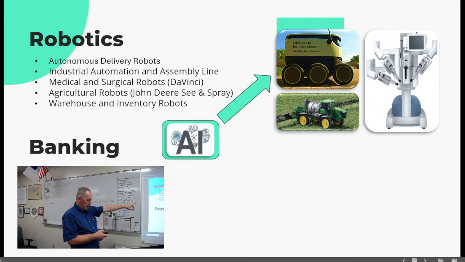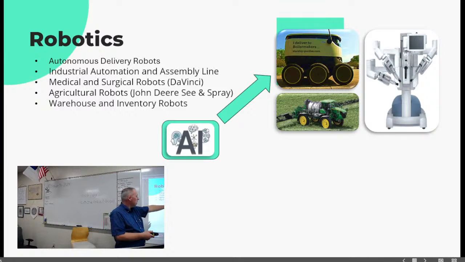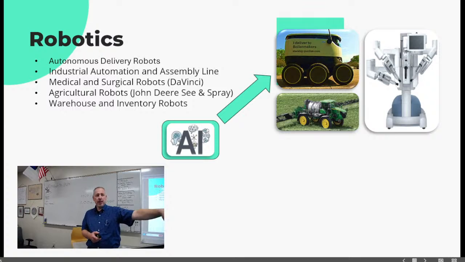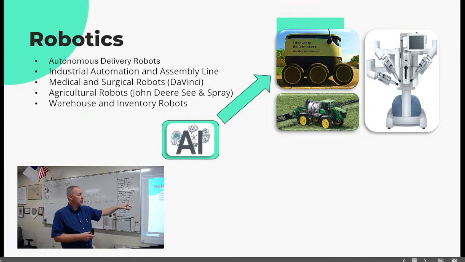Oh, real quick, agricultural. John Deere See and Spray. You probably know a little bit about this. Have you heard about this? No. So again, I can spray a field, just everything, don't know if there's weeds in it or not. What if I had a design that AI visually could see the weed, spray just that spot?